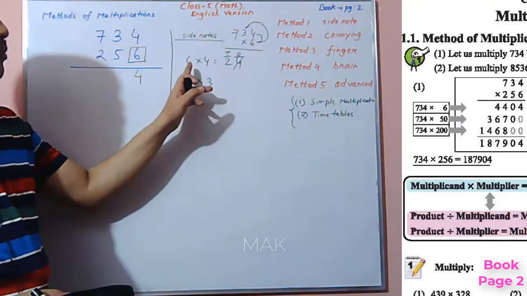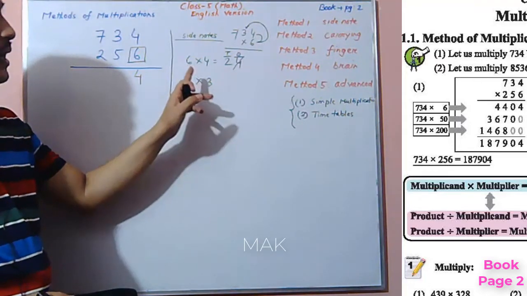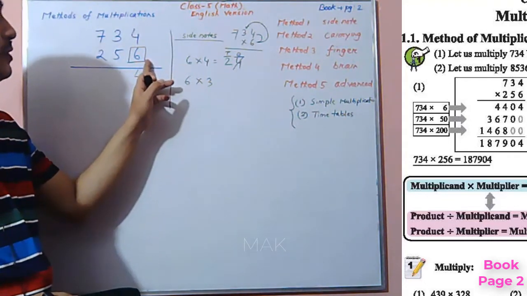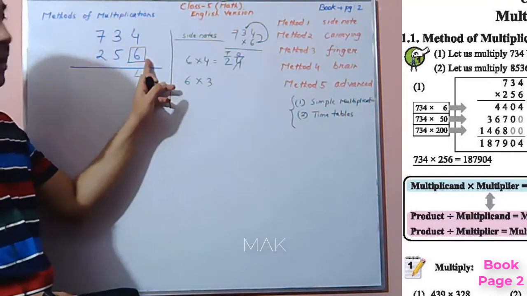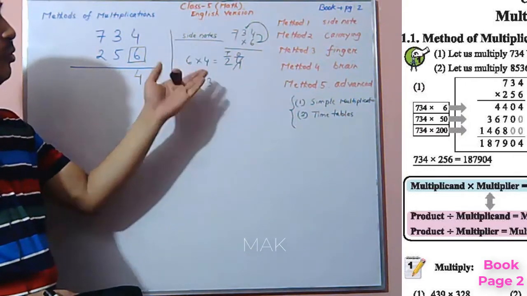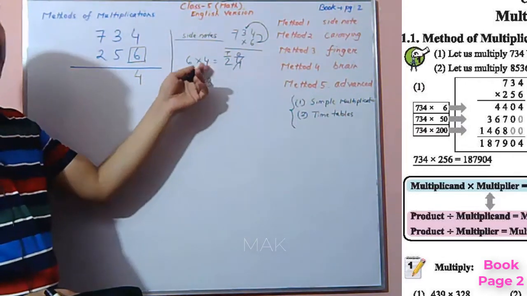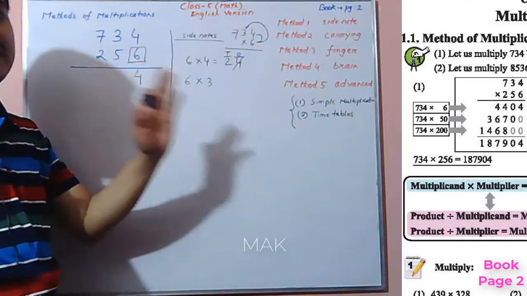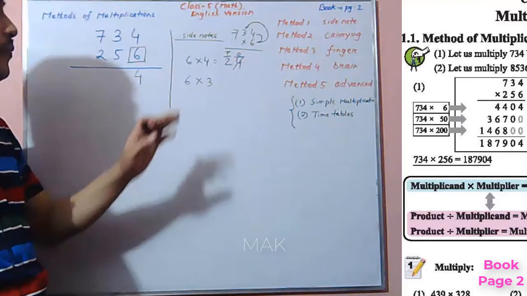One more thing you need to understand is that it is not mandatory to always think about the timetables of 6, just because 6 is present here. You can do it in an alternative way. You don't have to calculate 6 4s; if you calculate 4 6s, that is also okay.